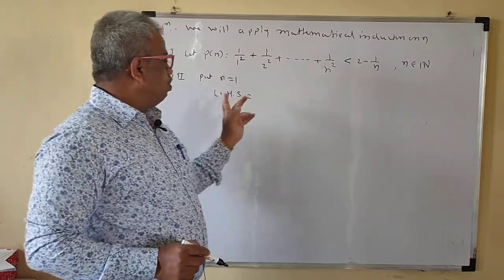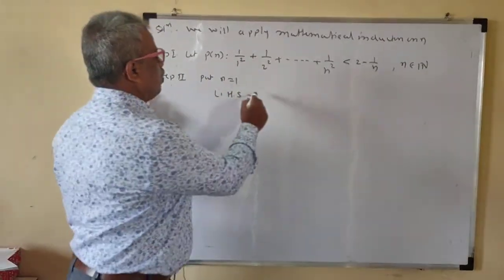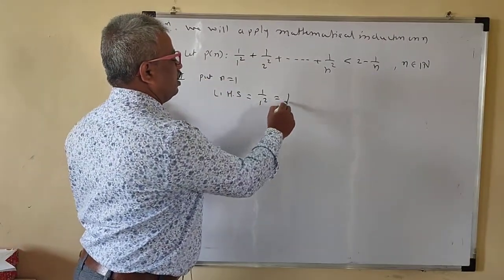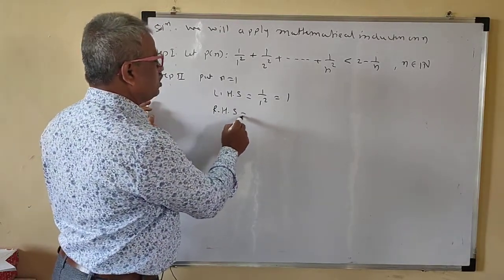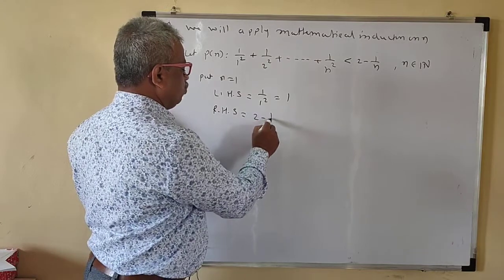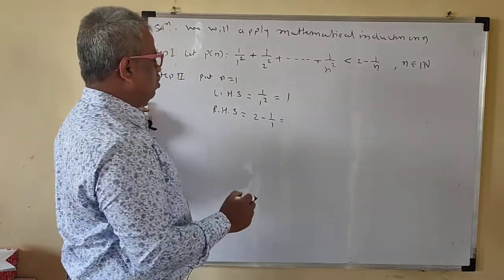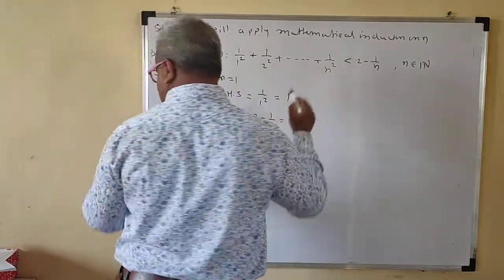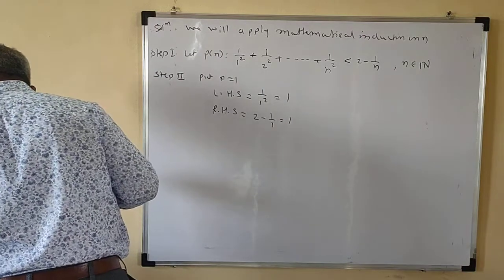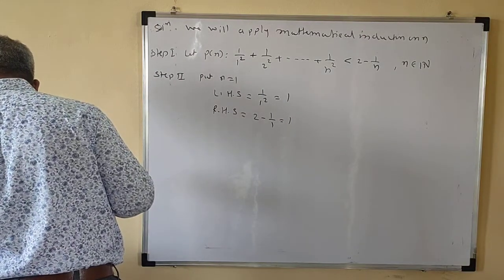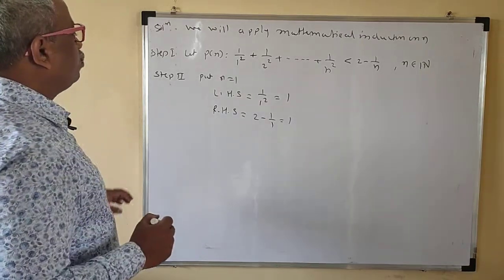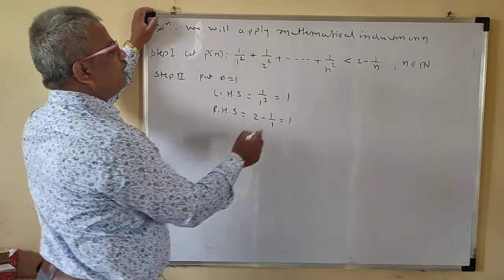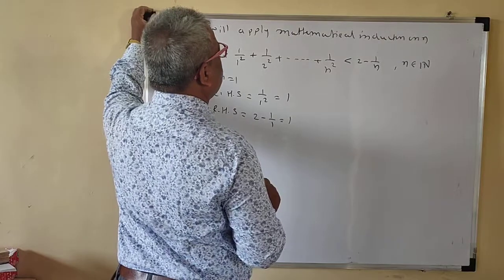Okay. So your LHS is what then? 1 upon 1 square, only a single term. That is 1. What is your RHS then? RHS is 2 minus 1 upon 1, which is 1. So this is less than or equal to. Right? So LHS is less than or equal to RHS.